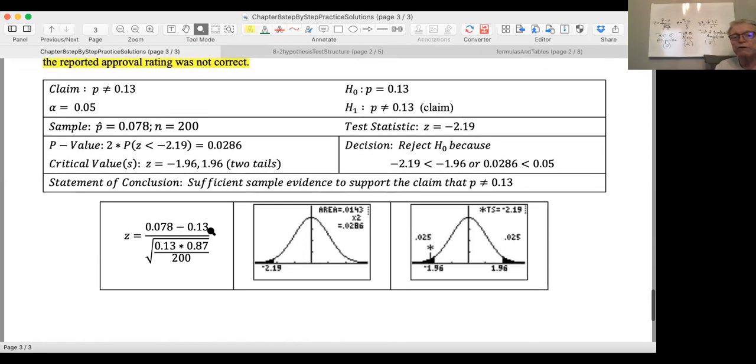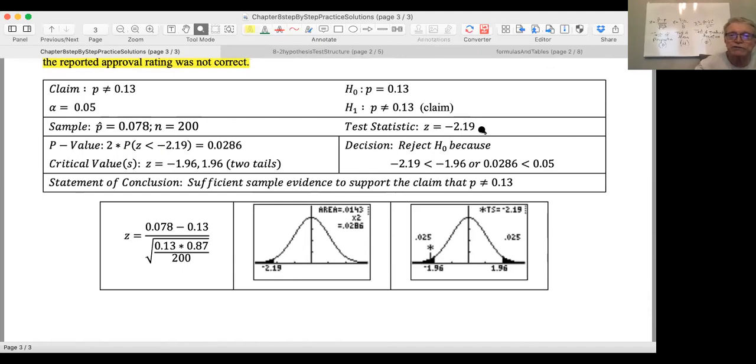Again, put parentheses around the top when you're finding the proportion test statistic, Z. And we get Z equals negative 2.19. So that covers all 6 of these problems.